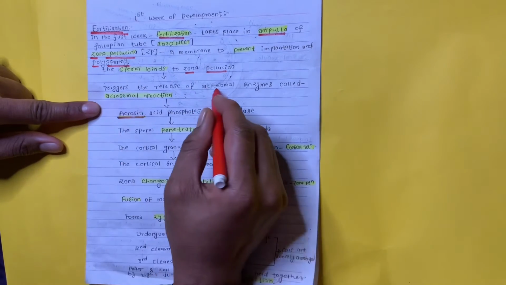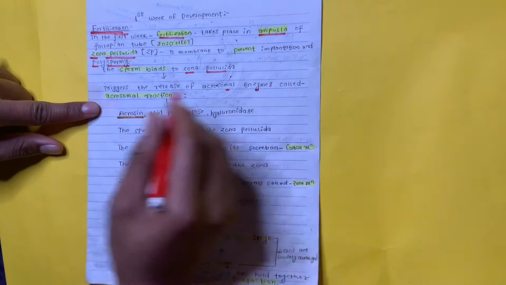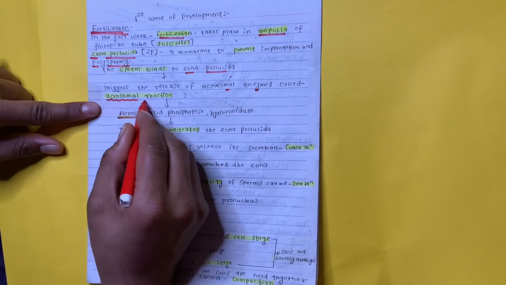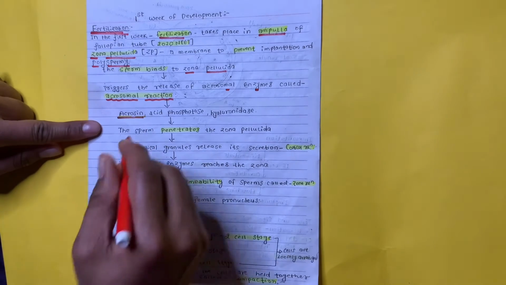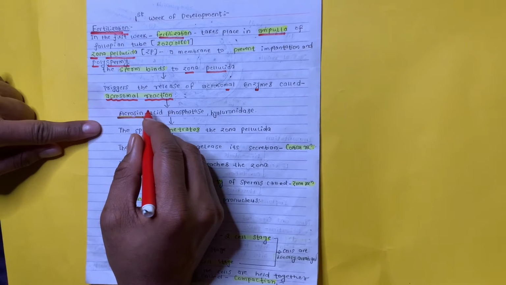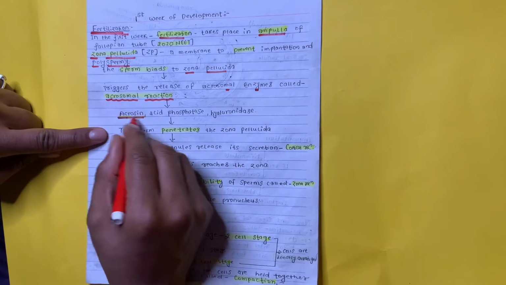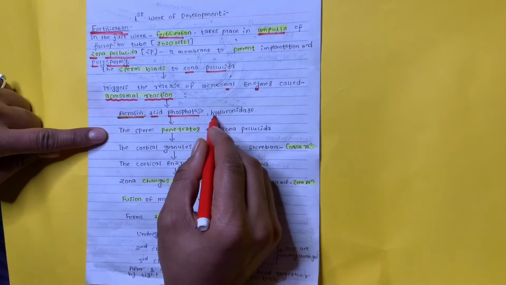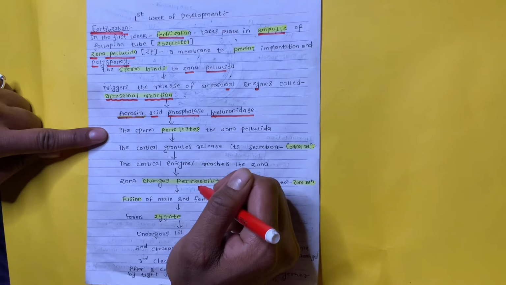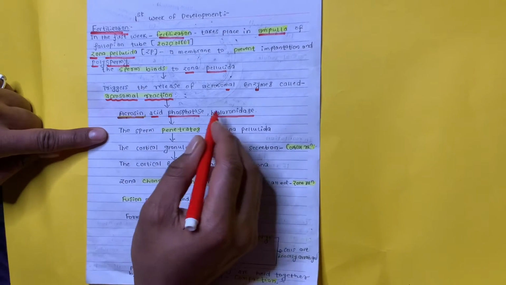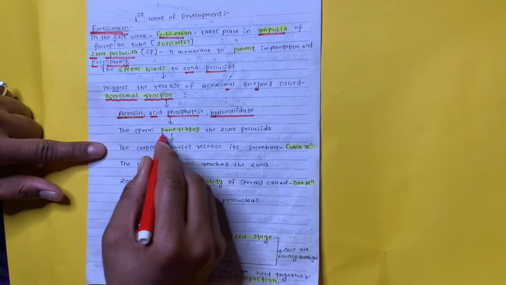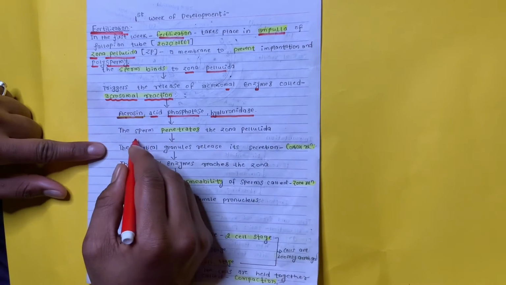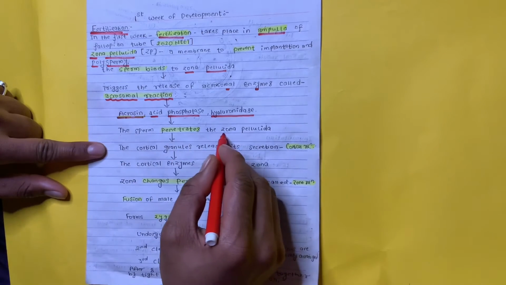It triggers the release of the acrosomal enzymes of the sperm, called the acrosomal reaction. The acrosomal enzymes include acrosin, acid phosphatase, and hyaluronidase. These enzymes help the sperm penetrate the zona pellucida.